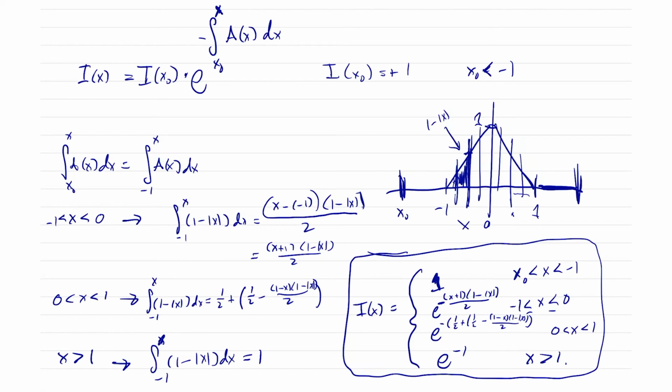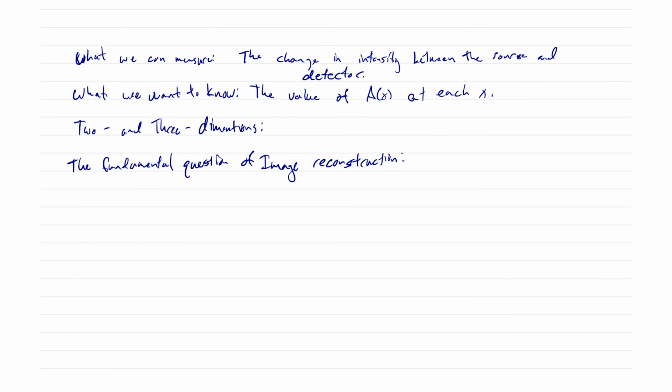We know the average value of a of x over that interval, but we don't really know anything else. How do we get from 2 to 3 dimensions? We will consider integrals along lines in 2 and 3 space.